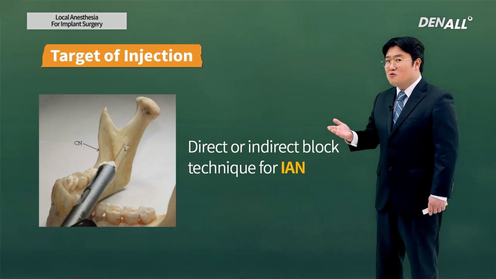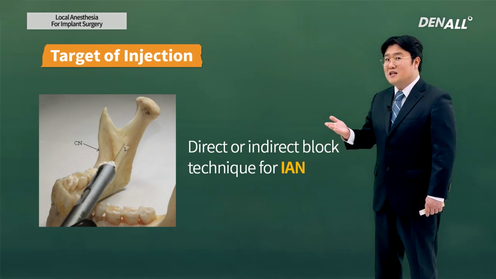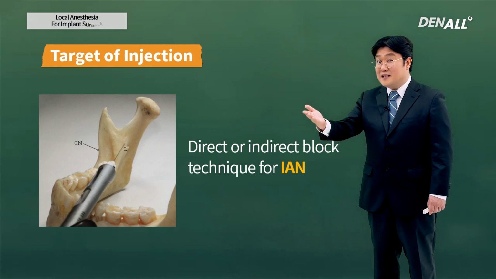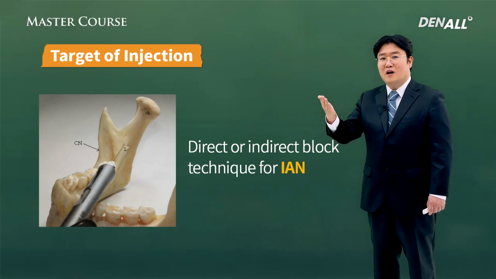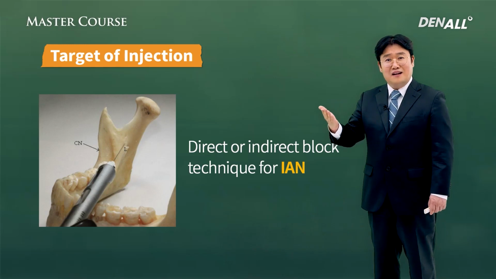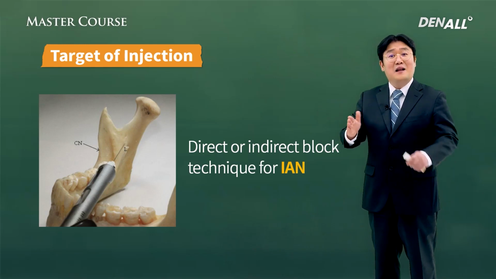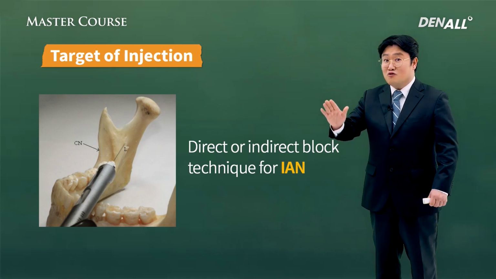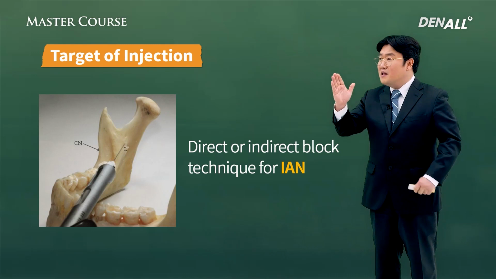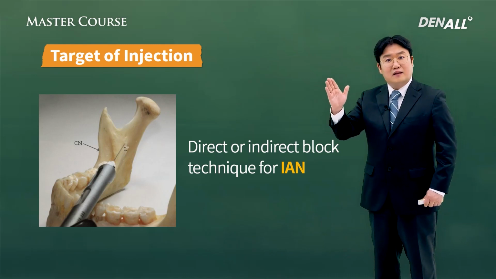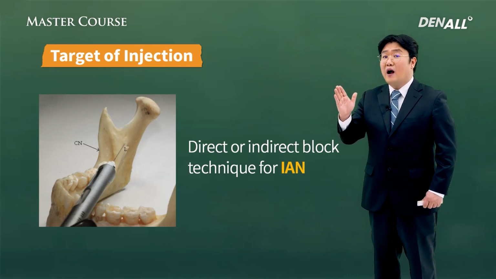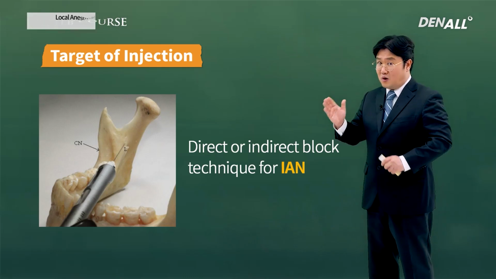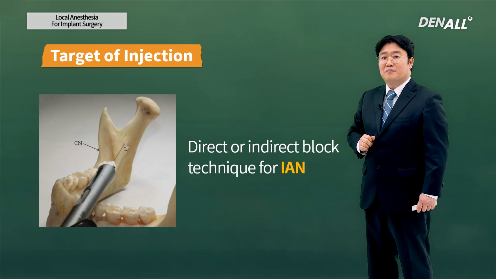Regardless of whether it is direct or indirect, the needle should be put on that location. It is straight above what? It is straight above the lingula. Why? Because the lingula is the landmark of the mandibular foramen. So if local anesthesia is injected there, the anesthesia spreads and blocks the inferior alveolar nerve that passes through the mandibular foramen to go to the mandible, and the lingual nerve near the area is blocked as well.